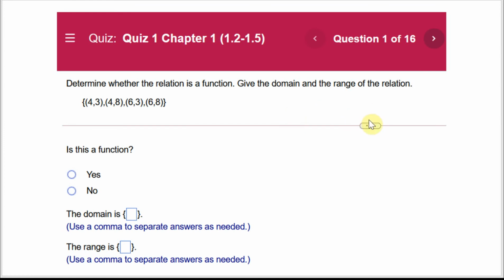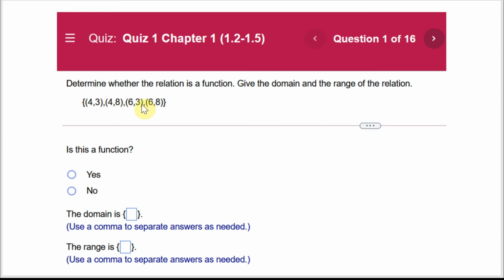Well, the range depends on those values that come from the independent set. So this is the dependent set. So determine whether or not this relation is a function. Is it a function, yes or no? No. So you say no, and the reason why is it looks like we have a problem with these two. They have the same first component.